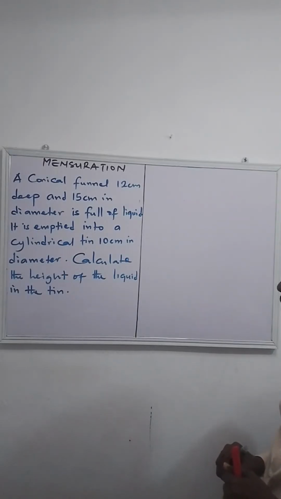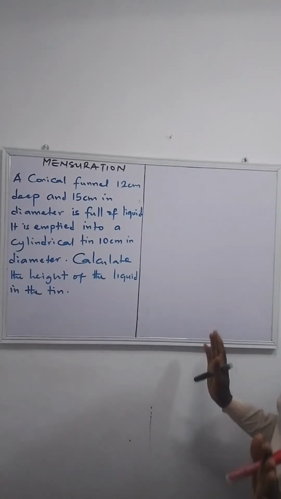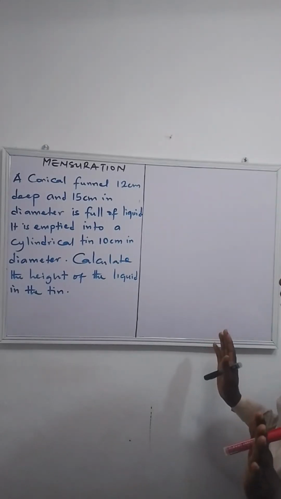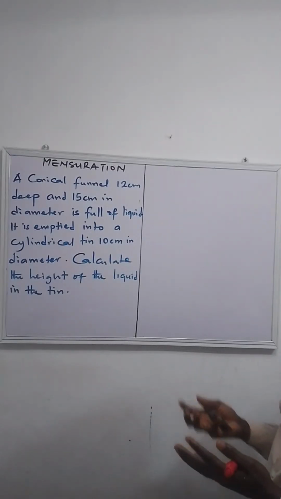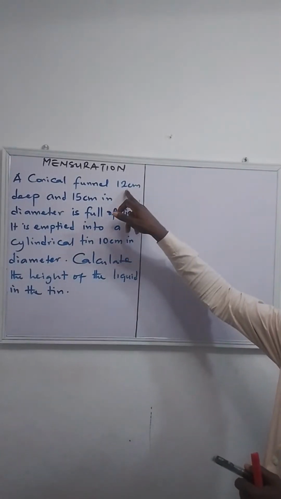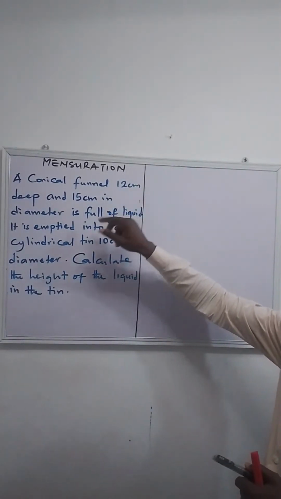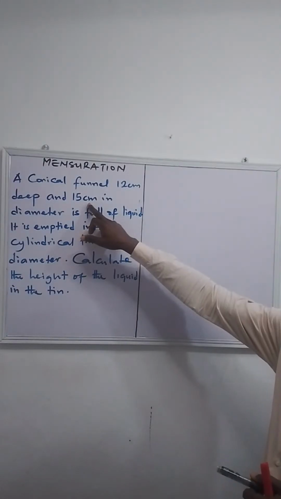So calculate the height of the liquid in the tin. Do you understand? Now we have a conical funnel full of water. The conical funnel has a depth of 12 centimeter and a diameter of 15 centimeter.